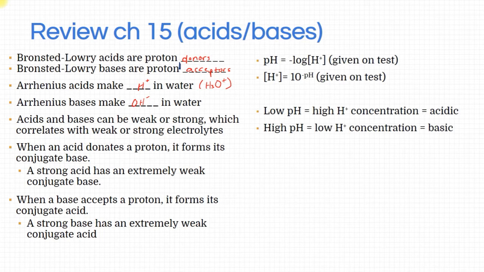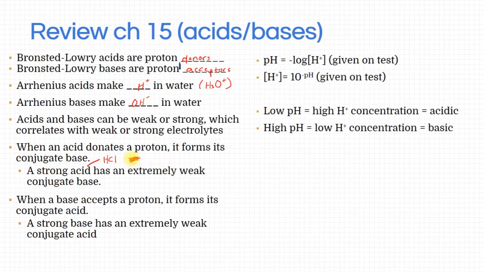Okay, and then kind of related to the Bronsted-Lowry definition here, when an acid gives up a proton, we produce its conjugate base. All right, so conjugate is like a pair, they go together. And they're kind of opposites. If we have a really strong acid, like say HCl, when it donates the proton, the thing that's left over is called its conjugate.